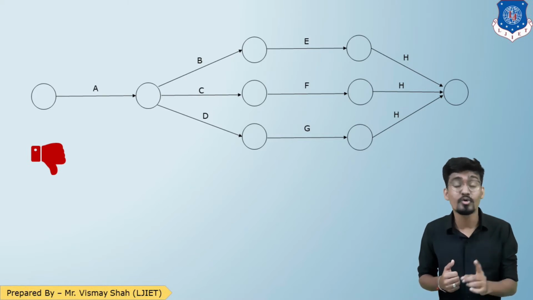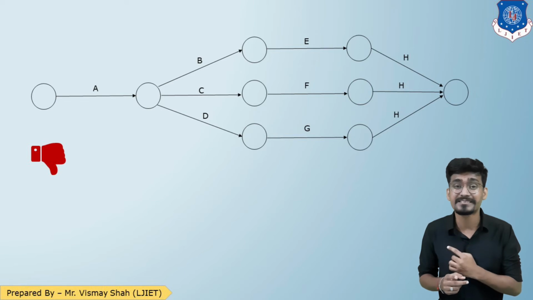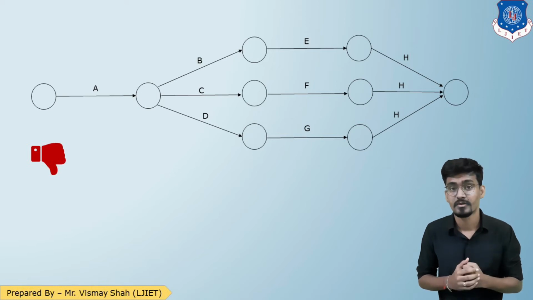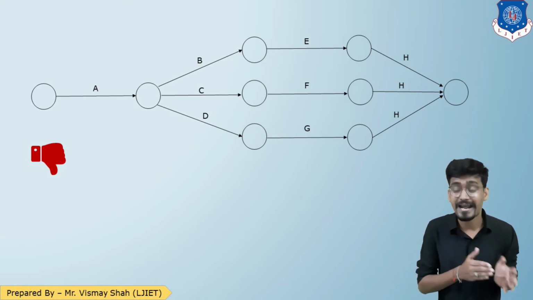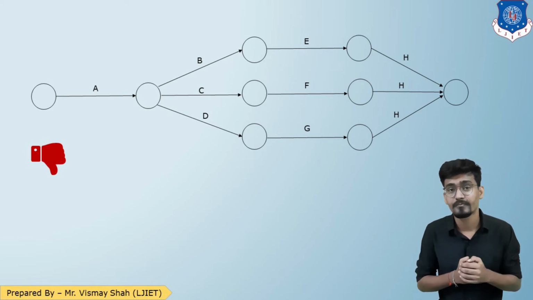Because as per the rule of our network drawing, we cannot represent any activity more than once. That is our rule. So I cannot represent this arrow for H 3 times. But the data was saying that from E, F and G, H is coming out.